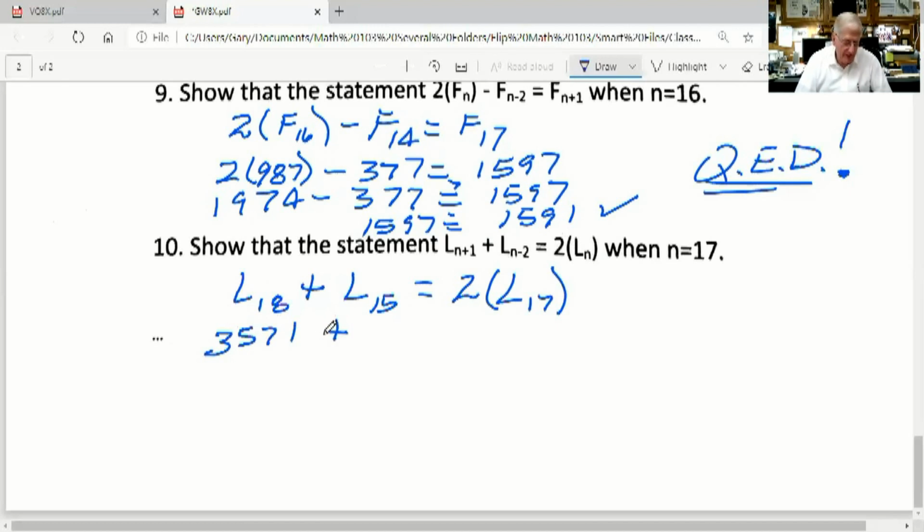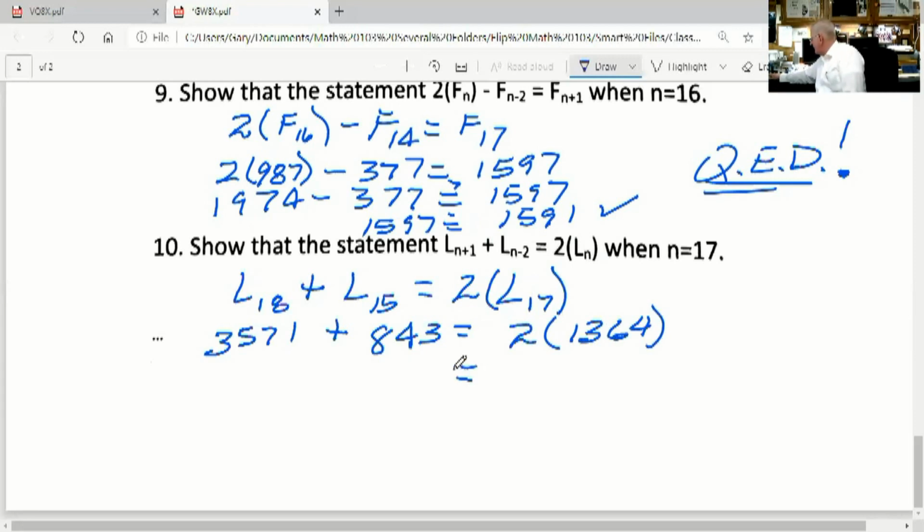Looking at my table, Lucas 18 is 3571. Lucas 15 is 843. If I add those together, will I get twice Lucas 17? And of course, Lucas 17 is 1364. Well, the first thing I'm going to do is add 3571 and to it I'm going to add 843.